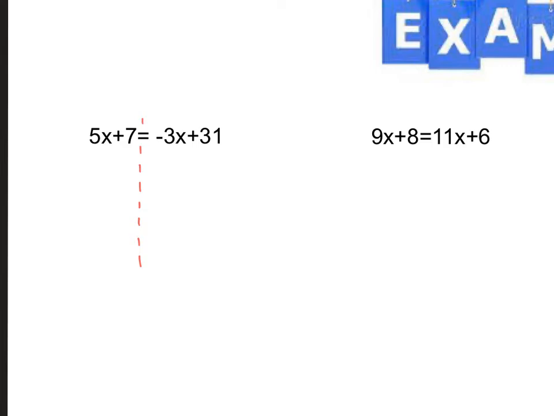So what we have to do is first get all of our x's on one side. We want to keep our x's away from everyone else, right? And away from us. You can move them to either side. It does not matter what side you move them to of the equal sign.